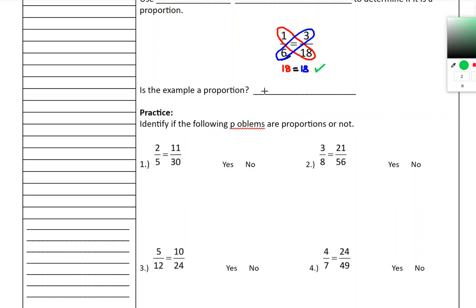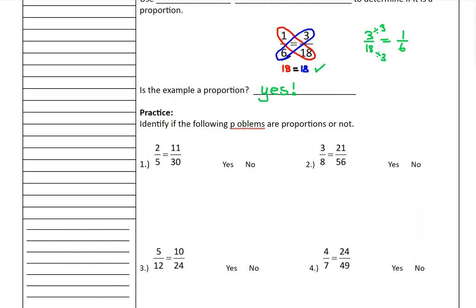So this example is proportional. You could check this by dividing each fraction with your calculator or simplifying. We have 1/6, and I can simplify 3 out of 18 by dividing by 3. 3 divided by 3 is 1, and 18 divided by 3 is 6. So they both simplify to 1/6 as well.